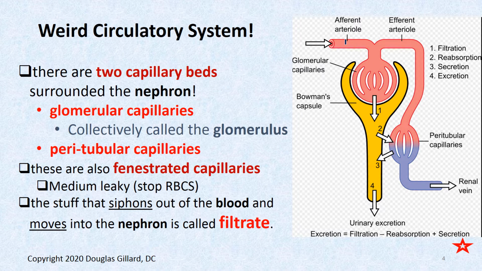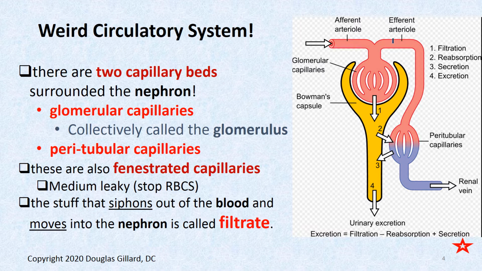So we have blood flowing this way and flowing into a capillary system. These are the glomerular capillaries. Then a lot of the filtrate, which is made up of kind of blood fluid and everything I've already said, flows through.